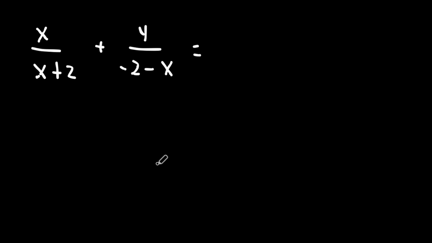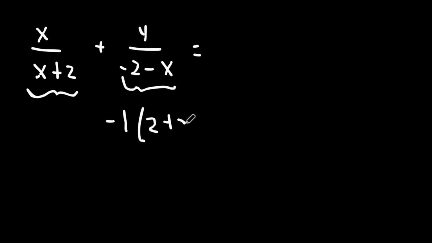Well, it feels like you jumped from primary 1 to secondary 4 just like that. No, actually, you have to know that x plus 2 minus 2 minus x. If I take out the negative 1, I get 2 plus x, don't I? I get 2 plus x. And 2 plus x is the same as x plus 2. So I can take out the negative 1 and I can do this.